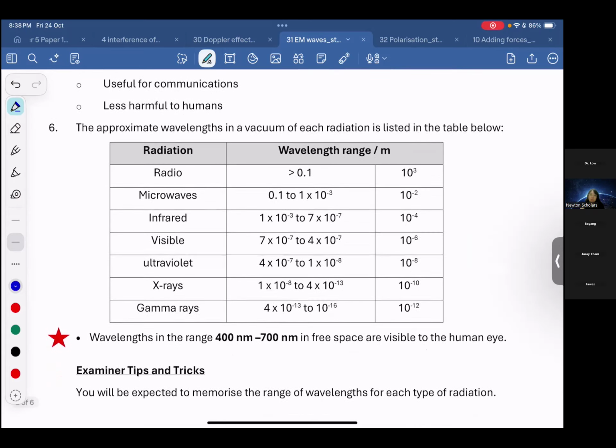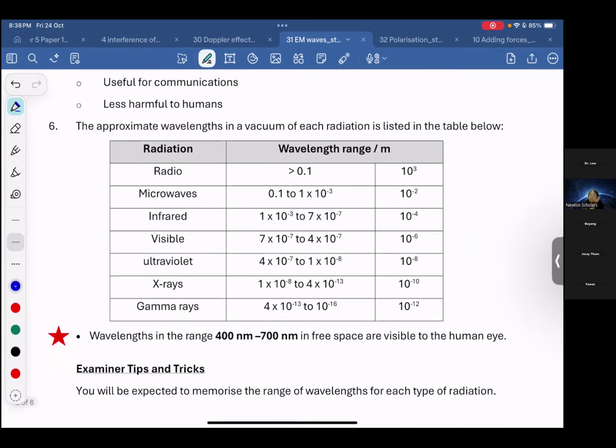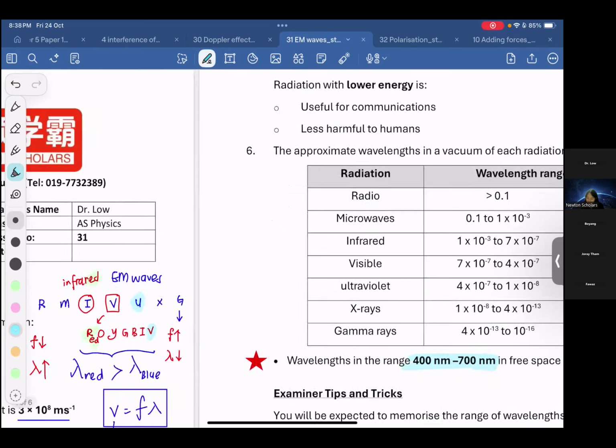At here, there is one challenging part in our A level. This part, you have to memorize the range for the visible light, from red color to violet color on this diagram.